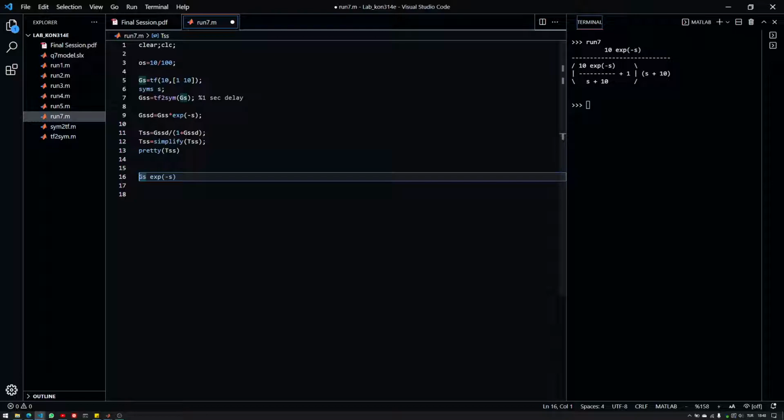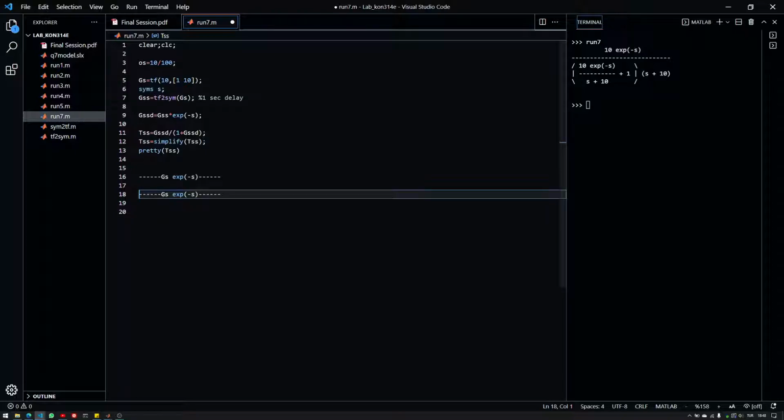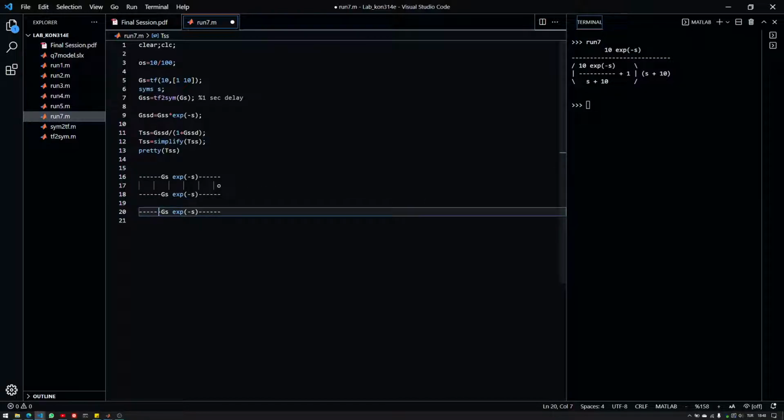What we are going to do is replicate this and take the difference of this, and also have another branch that has only the minimum phase part. So like this.